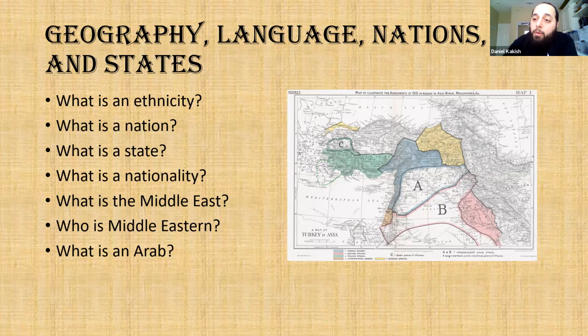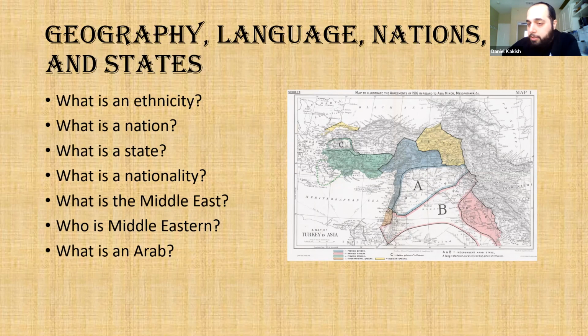A nation, there can be multiple nations in a state, or there can be multiple states that identify as the same nation. But a nation does not equal a state. So, for example, there are multiple Native American nations. There is the Assyrian Chaldean Syriac nation.